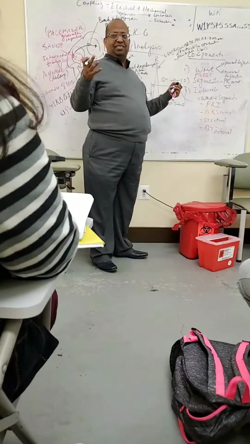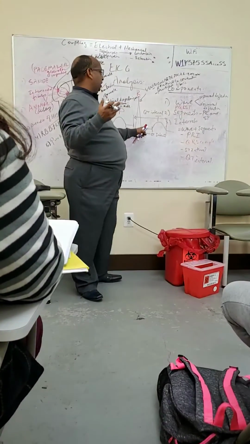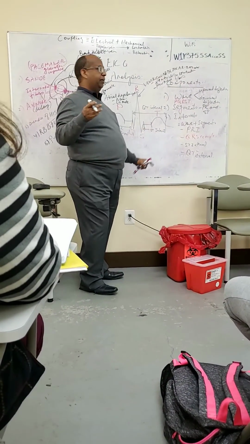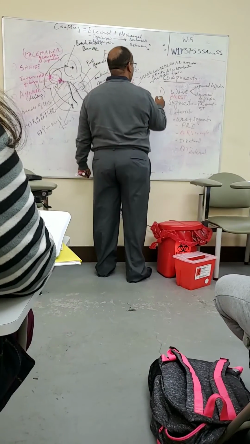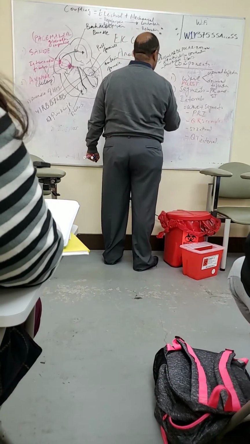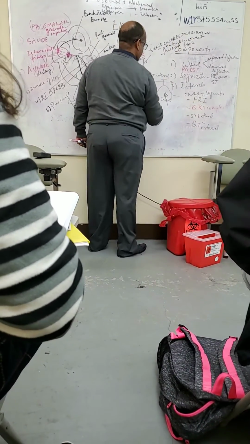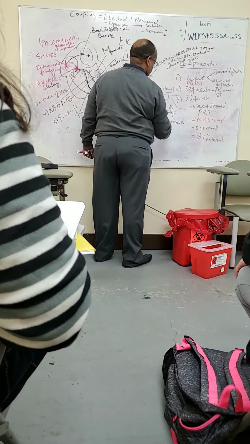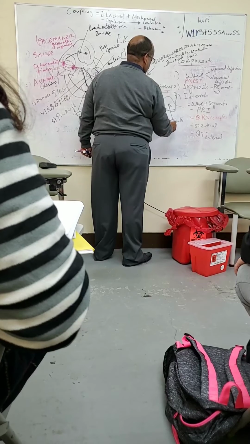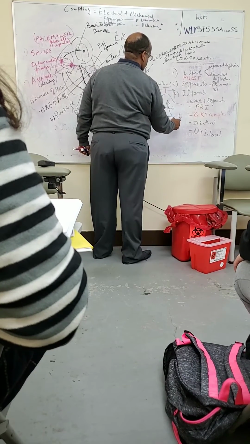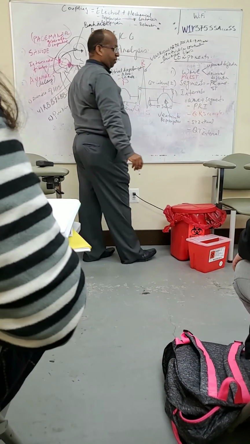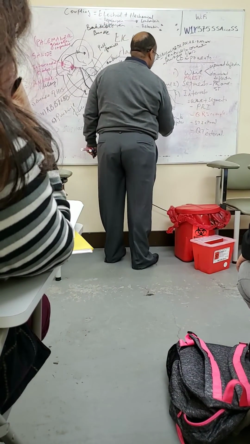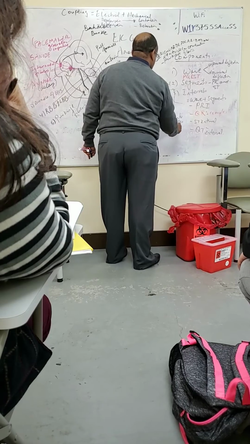They have to relax. So T wave means ventricular relaxation. That's why this is called ventricular repolarization. Ventricular repolarization means ventricular relaxation.